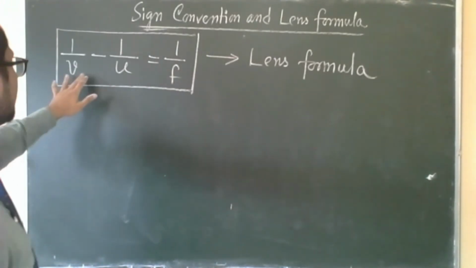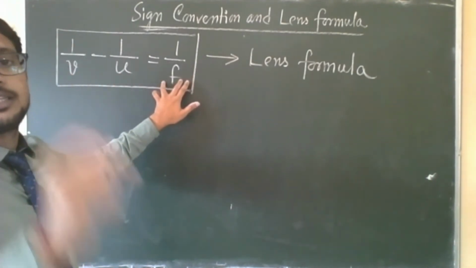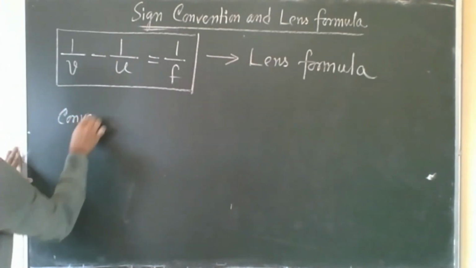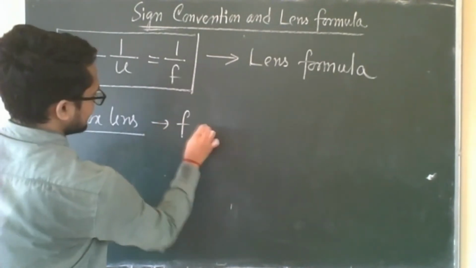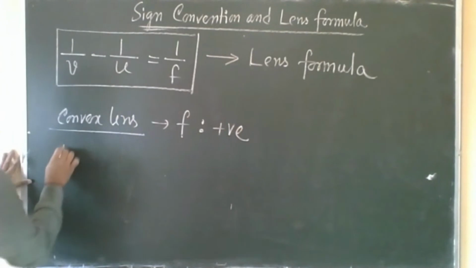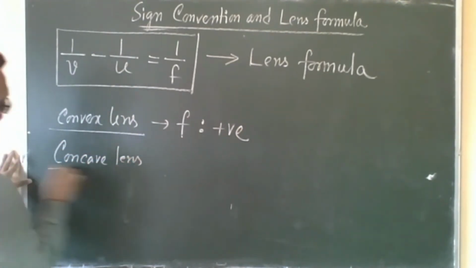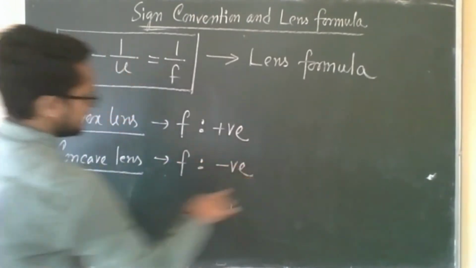So when you will put the values of V, U, F, you have to put with proper sign. If it is convex lens, you will put F positive. If it is concave lens, you will put F negative.